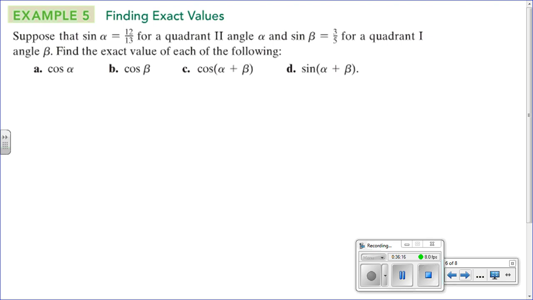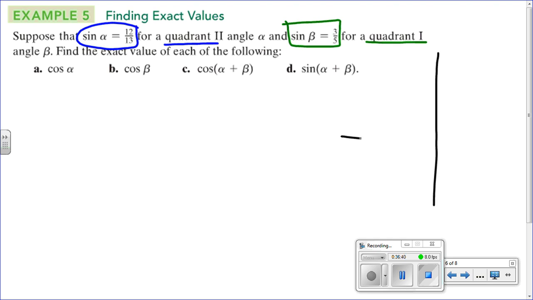Way too much. Okay. So here we're talking about two angles, according to the problem. We have angle alpha in quadrant 2, and another angle called beta in quadrant 1. We're going to answer all those questions, but first I want to draw the angles, and I suggest you do the same.